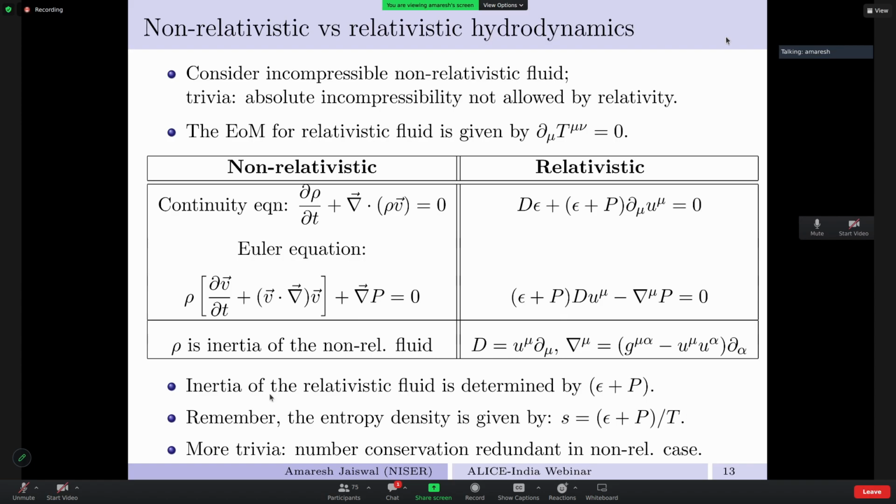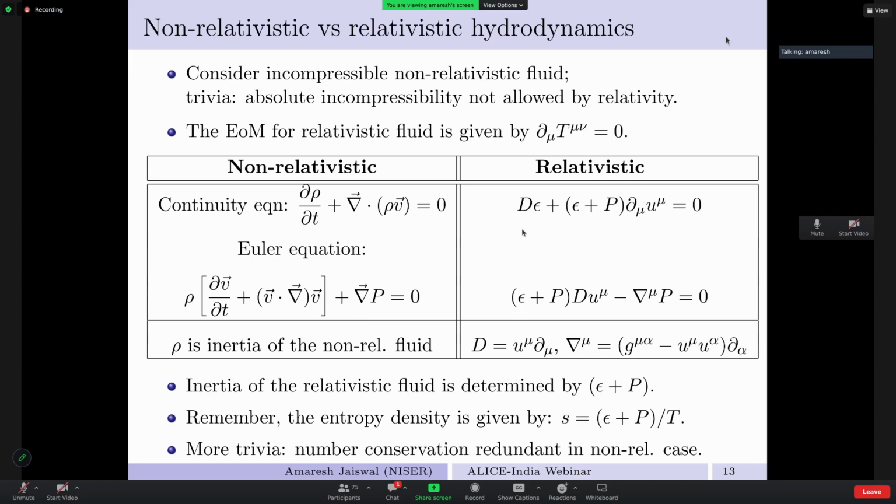More trivia. The number conservation is redundant in the non-relativistic case. We have this continuity equation for mass in the non-relativistic case, and we don't worry about number conservation because whatever the conserved charge, particle number, it just flows with the mass. The mass and the charge sit on the particle, and that's it. So if you consider one of them, the other is automatically guaranteed. In the relativistic scenario, that's not the case.